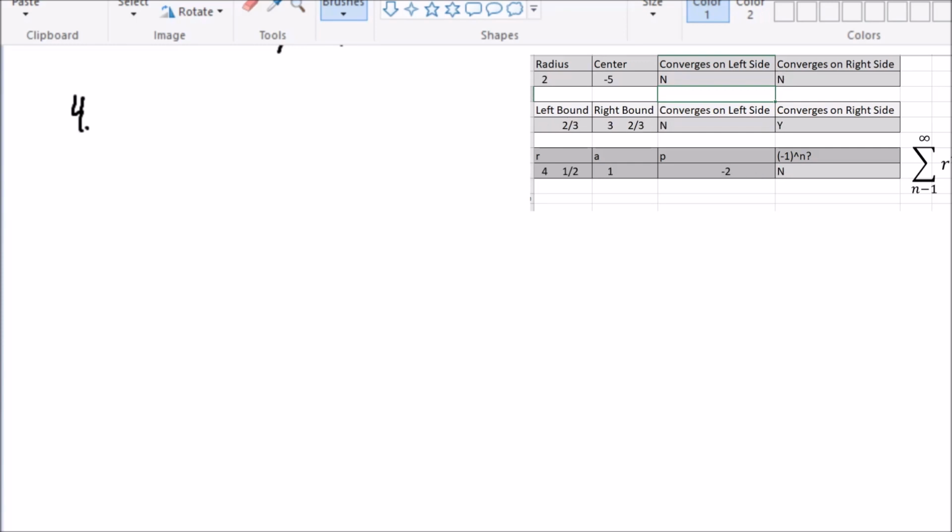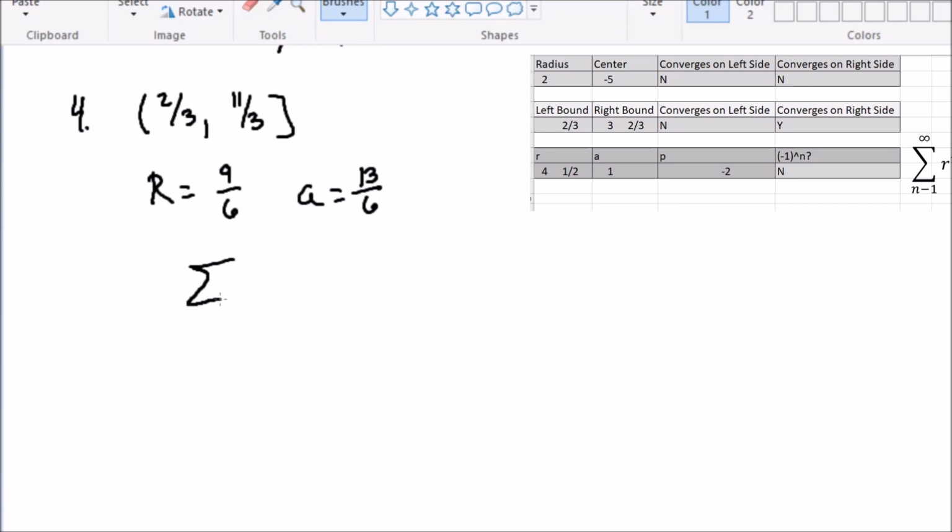There we go. My left bound, so I'm going to get 2/3 to 11/3, inclusive on the right side. So my radius is going to equal 9/6. My center then is going to be 13 over 6.